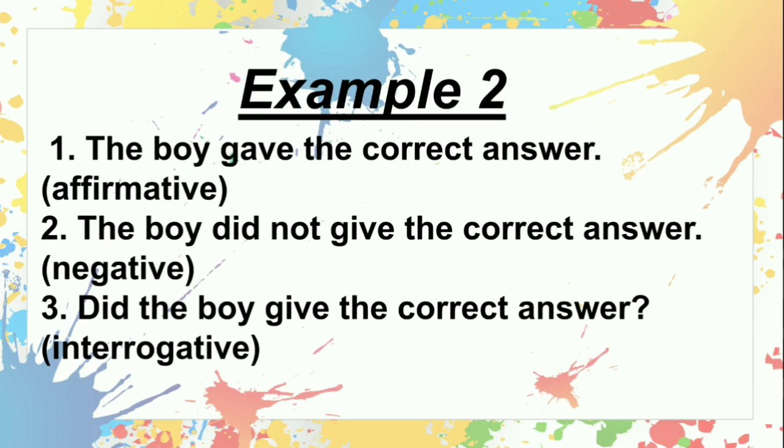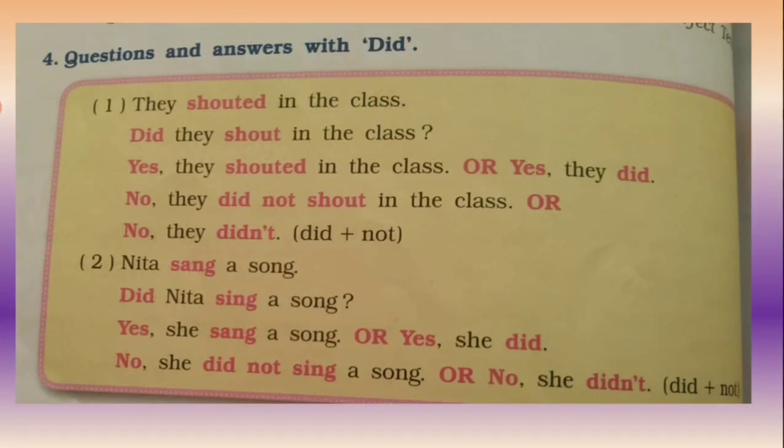Here we see the example of affirmative, negative and interrogative. Here we clear all these things. Then we will give the answer in past tense by using did and making a question, interrogative, then negative sentence and affirmative sentence.